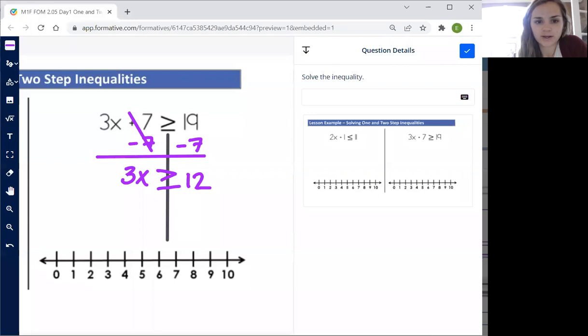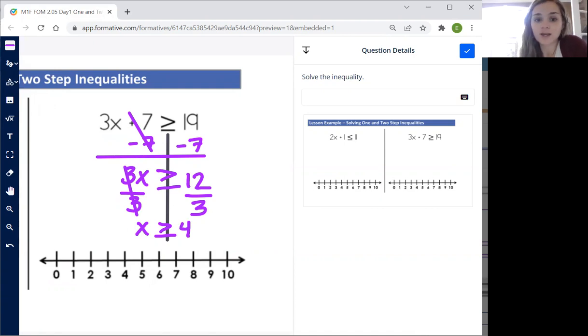Then we can divide by 3. And those cancel each other out, or equal 1. And I'm left with x is greater than or equal to 4.